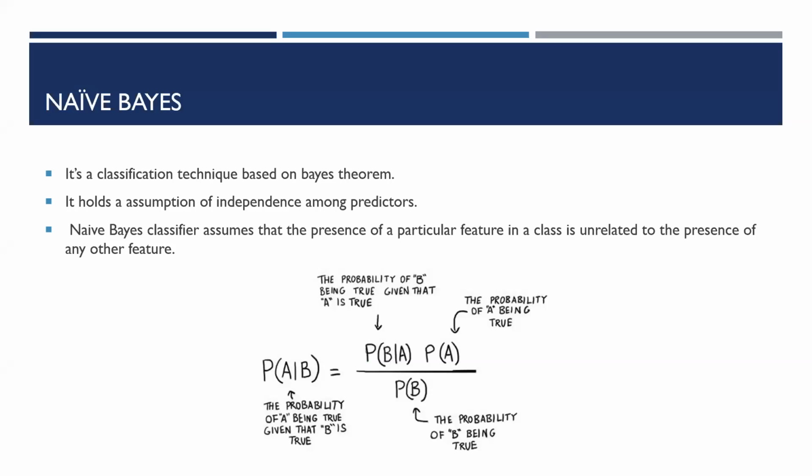Coming to the naive Bayes technique. Naive Bayes is a classification technique based on Bayes theorem. This technique assumes that the presence of a particular feature in a class is unrelated to the presence of any other feature. For example, if we take an apple, the properties of an apple are red, round, and about its size. All of these properties independently contribute to the probability that the fruit is an apple.